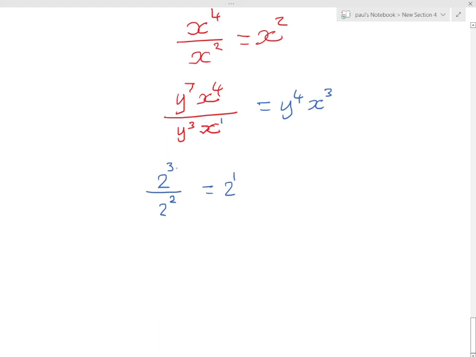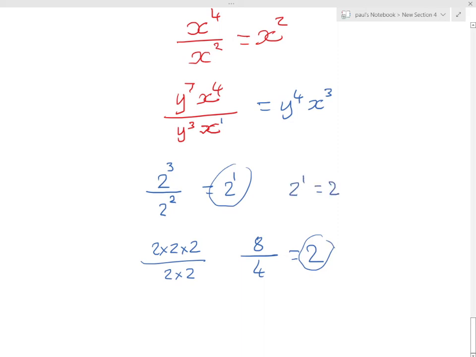Now 2 cubed is 2 times 2 times 2, which is 8, and 2 squared is just 2 times 2, which is 4. 8 divided by 4 equals 2. So this is the same as this. Yeah? So 2 to the 1 equals 2.